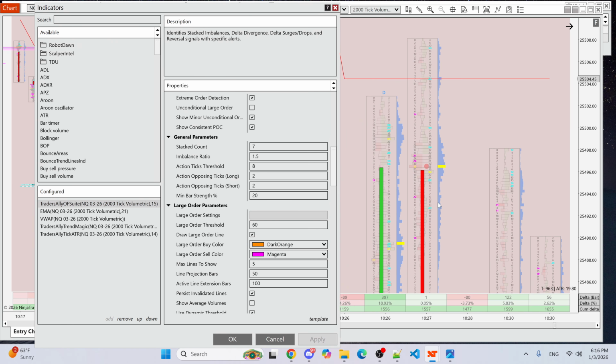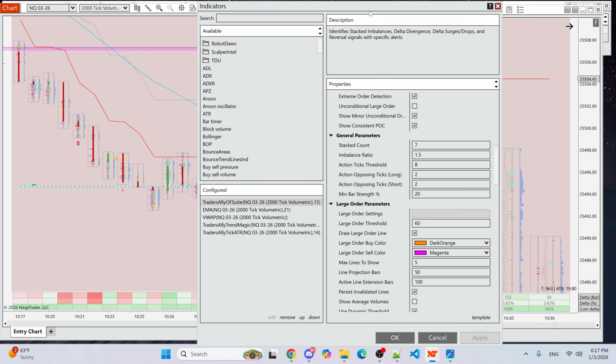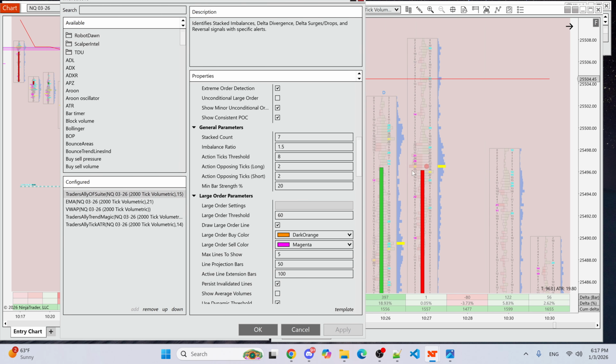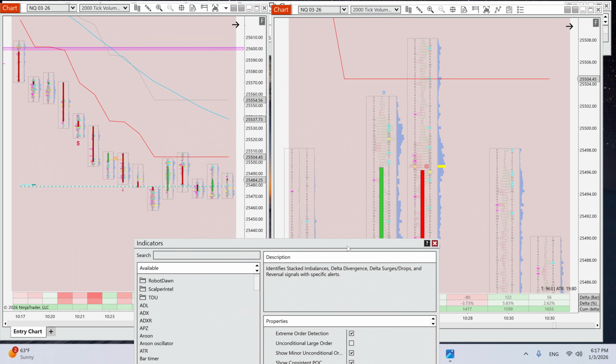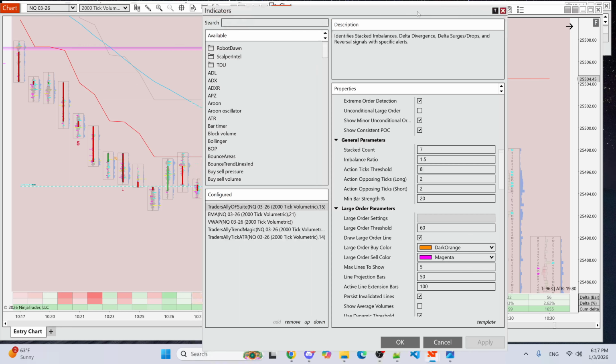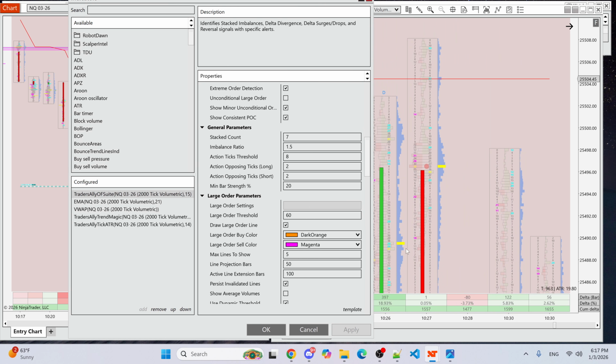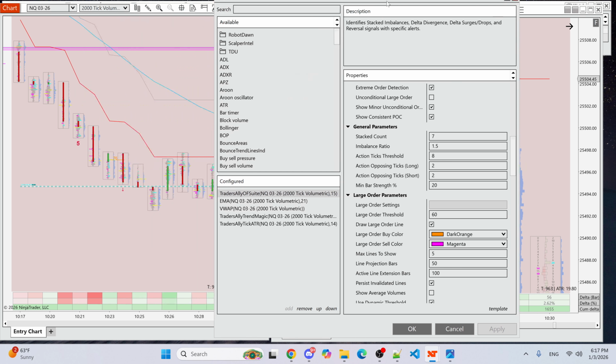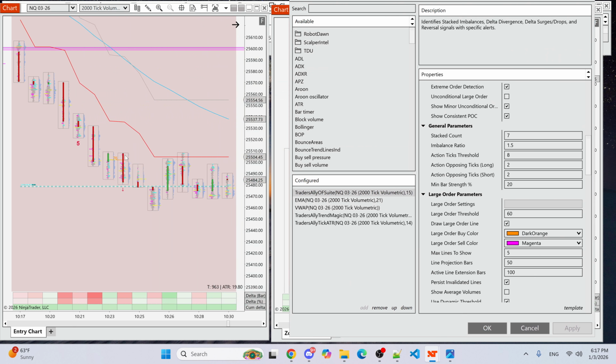Let's look at here. So this is our bar. We're looking at this bar. That's our action setup.